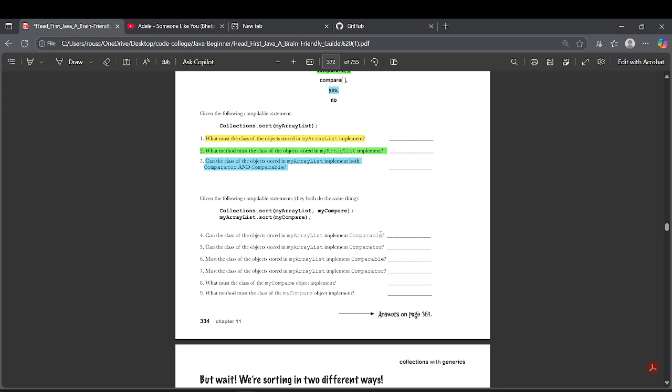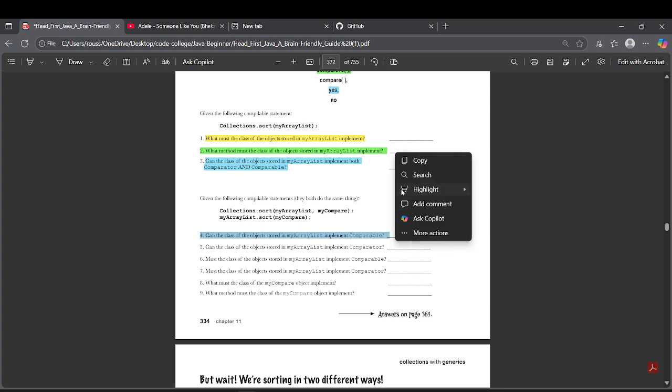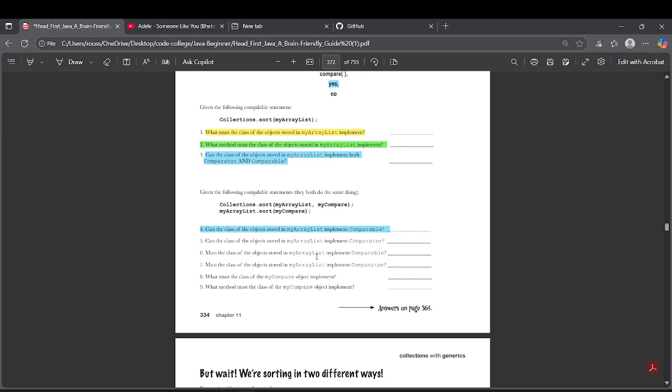I'm going to say yes. Okay. That is yes. Next. Can the class of the object stored in my array list implement comparator? I would also say yes to that.